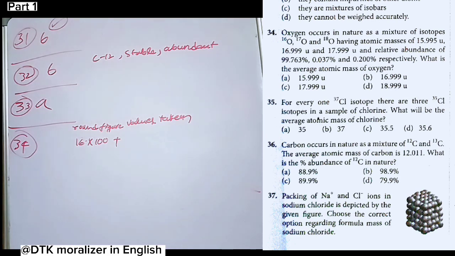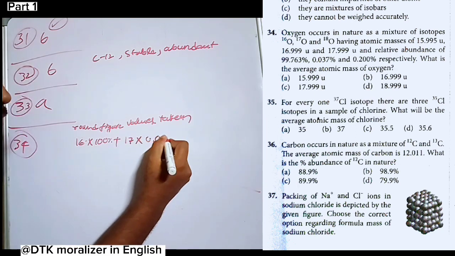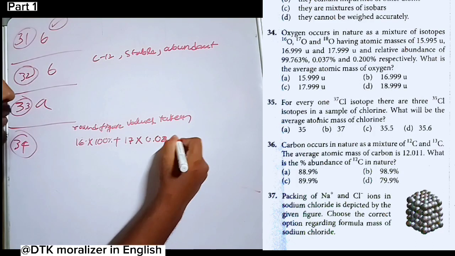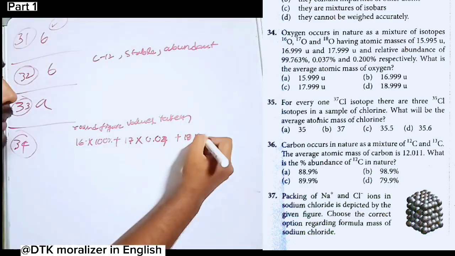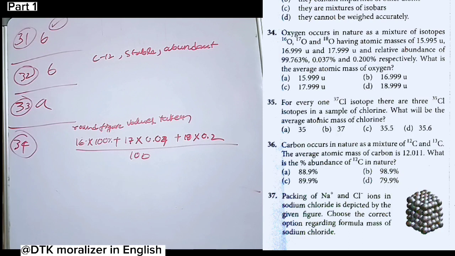I'll take those values as round figures. Please note this. Now 16 into 100, 17 into 0.037, which I'll write as 0.04, now divided by 100.